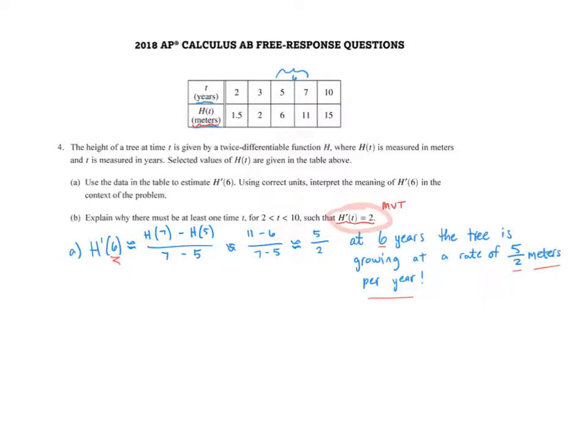So am I able to use MVT if h is differentiable and continuous? Yeah, and h is differentiable and therefore continuous. So I can use MVT. So let's refresh our memories on what MVT looks like. MVT looks like, hey, the instantaneous rate of change is going to equal the average rate of change.